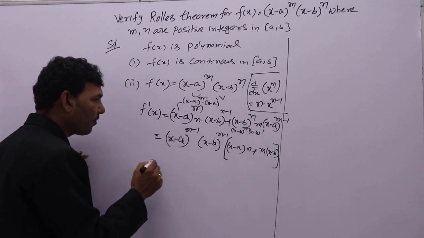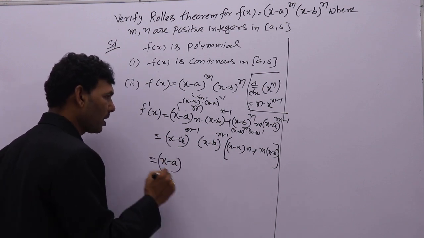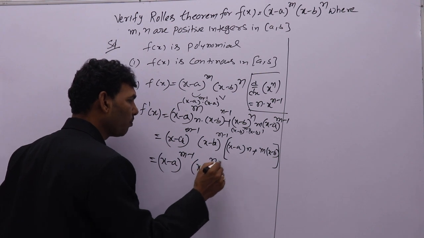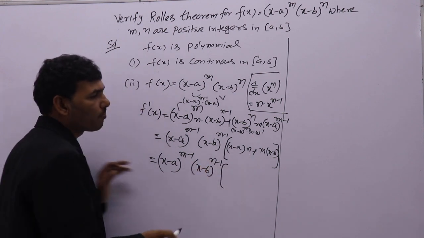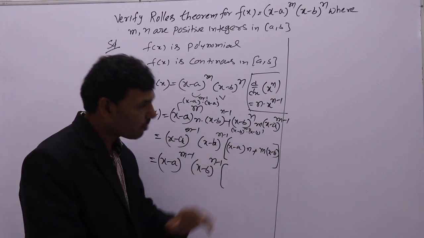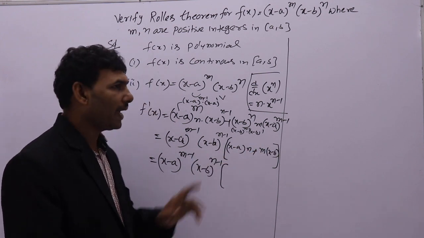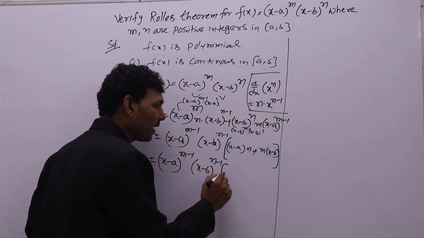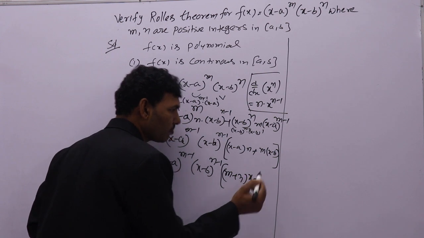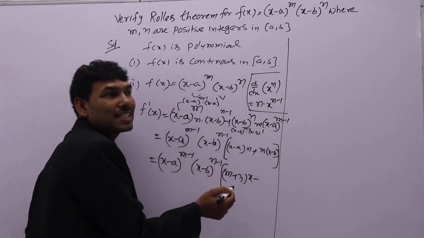So if you simplify these two terms, (x minus a) whole power m minus 1, (x minus b) whole power n minus 1, if you multiply, what will you get? nx minus an, mx minus bm. Then if you take x terms common, what will you get? (m plus n) into x minus na minus mb.